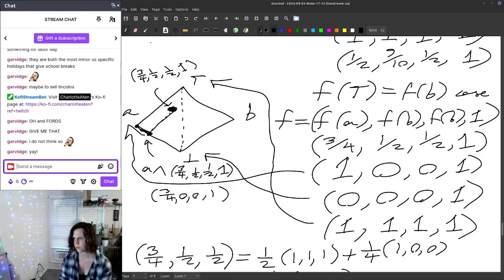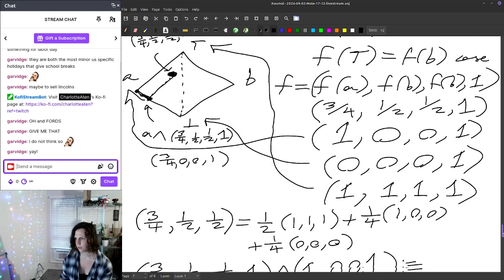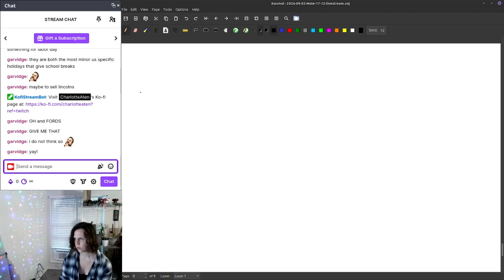So maybe I should do the join of these two as well. You can define meets and joins this way. So here I'll do the join as well.